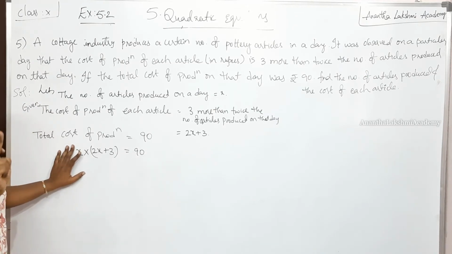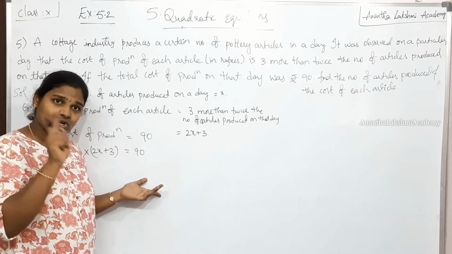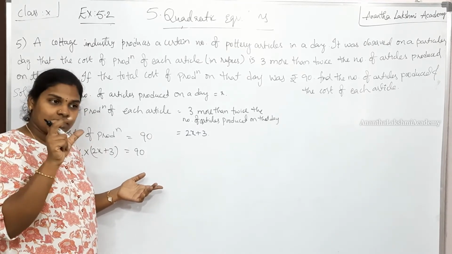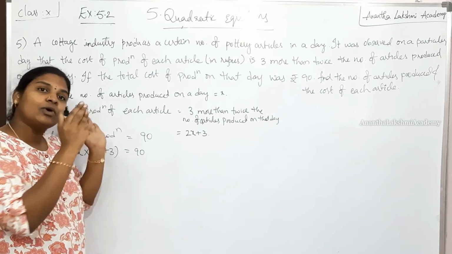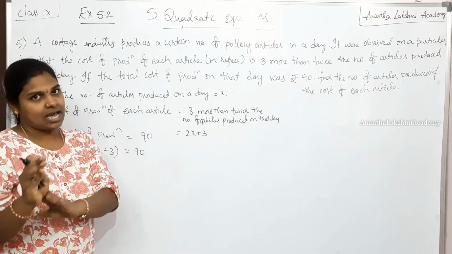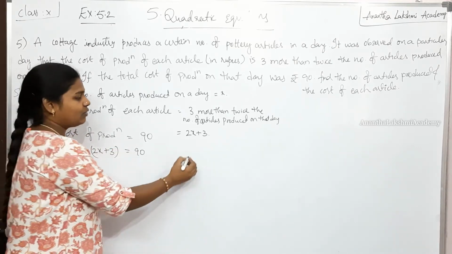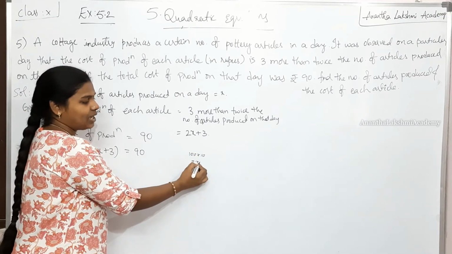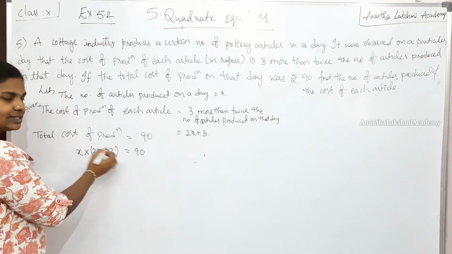Suppose one chocolate costs 10 rupees, and we had 100 chocolates produced on that day. The total production cost was 100 into 10, which becomes 1000. That's the same thing I am going to use here, which is x into 2x plus 3.